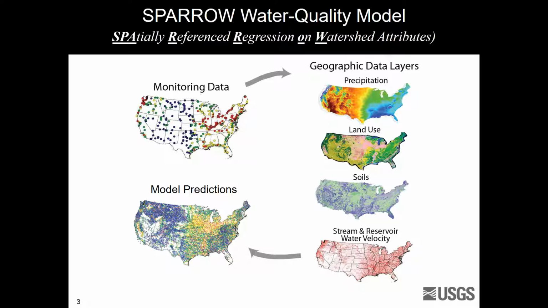For each of those streams, the models are used to estimate water quality predictions for things like constituent load, yield, or concentration. And each of those estimates can be developed on a total basis due to all sources, or the effect of individual sources can be isolated so that you can explore the role of individual sources separately.